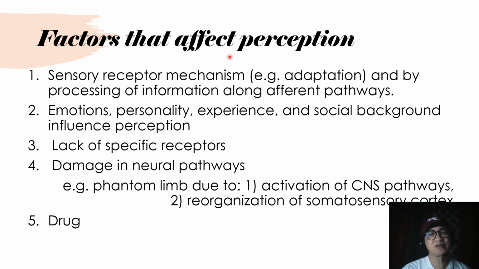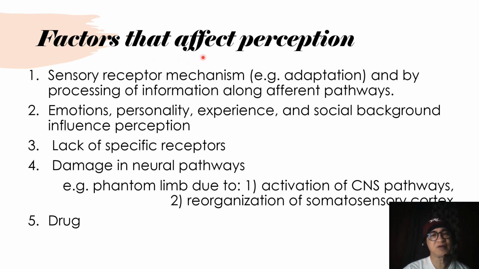Certain factors affect perception. Sensory receptor mechanisms, such as adaptation, can alter perception, and so can the processing of information along afferent pathways that are very specific for a particular afferent signal.